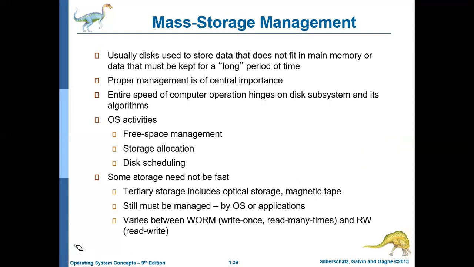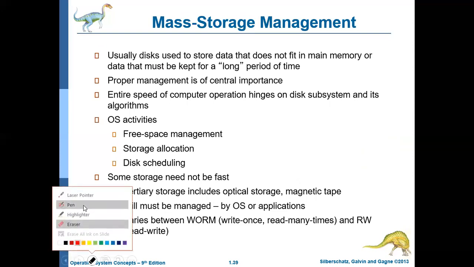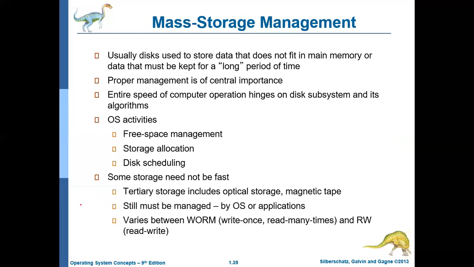The next thing that we'll be discussing is mass storage management. What is meant by mass storage? Mass storage includes disks and tapes, that is, magnetic disks and also magnetic tapes. Disks, tapes and mass storage units are very important in a computer system, because main memory is volatile in nature.